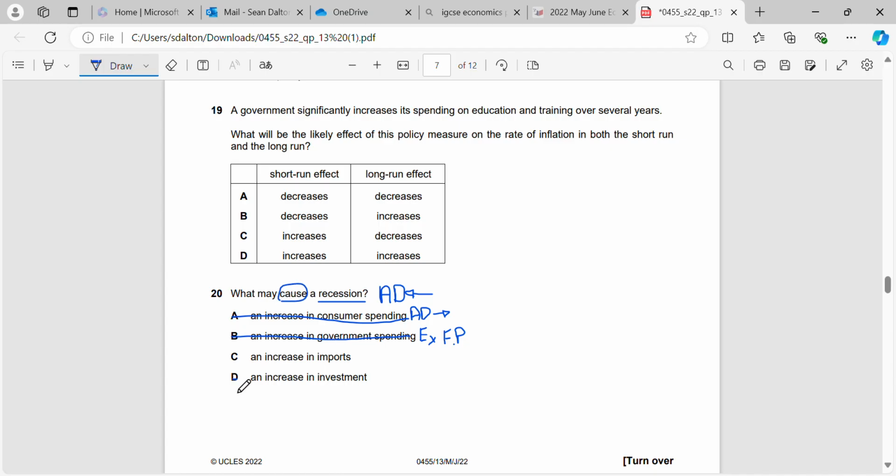An increase in investment, again, same thing, that would increase AD to the right. Our components of AD are C, I, G, X minus M. Okay, and that's important because that's the thing that might cause a recession. If we have an increase in imports, AD will move to the left.